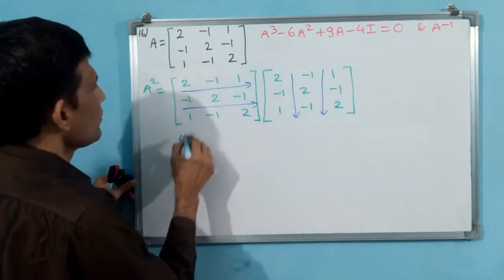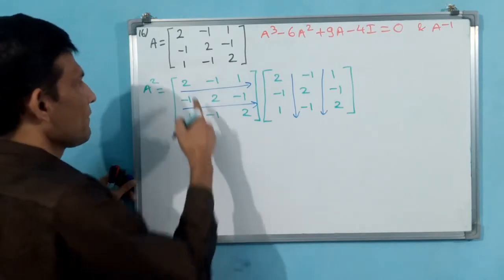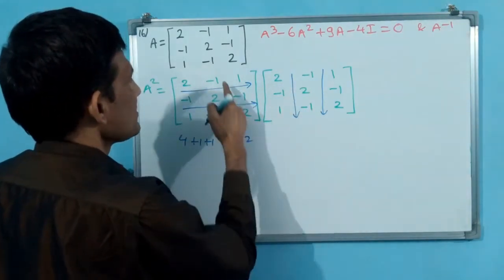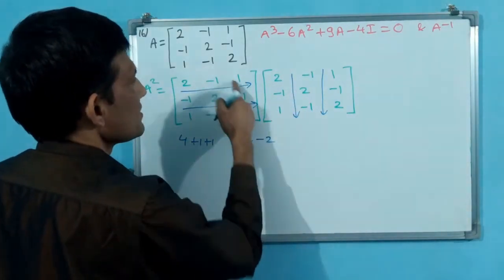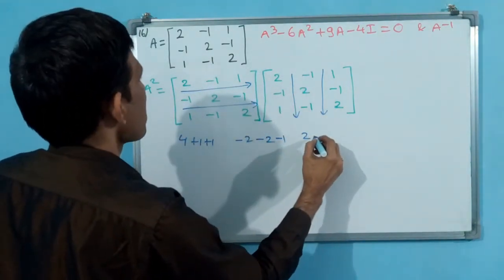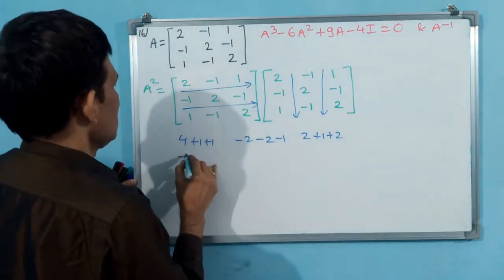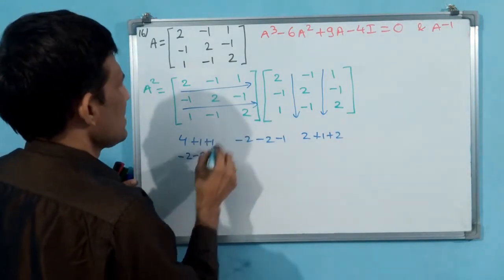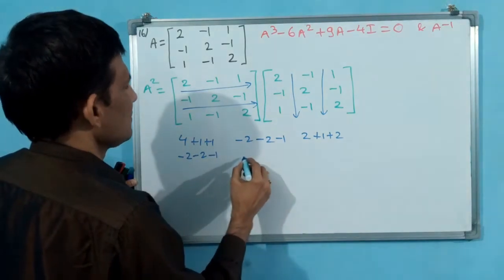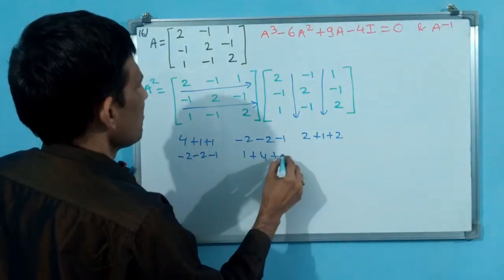2 into 2, 4, plus 1 plus 1. Minus 2 minus 2 minus 1. 2 plus 1 plus 2. Minus 2 minus 2 minus 1. Plus 1 plus 4 plus 1.